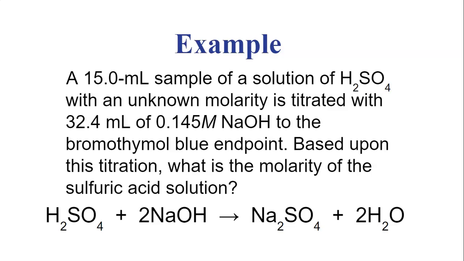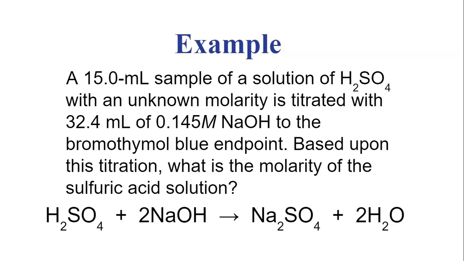And I'm going to use bromothymol blue. It's an indicator. You watched a video on indicators a couple days ago. I'll go to that endpoint, which means once I switch my solution from basic to neutral, that's its endpoint, I'm going to stop. Based on this titration, what's the molarity of my sulfuric acid solution?